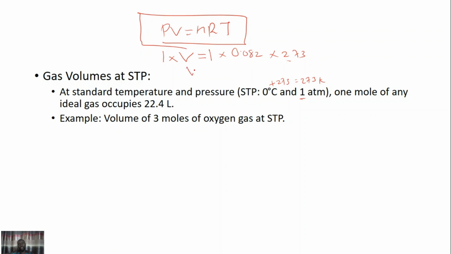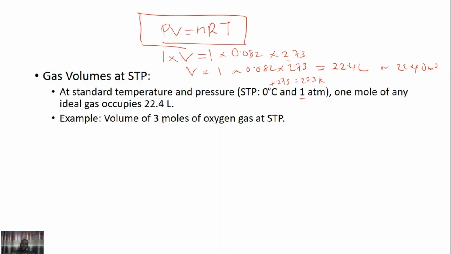Now, volume will be equal to 1 times 0.082 times 273. If you calculate it, it will give you 22.4 liters or 22.4 dm³, which is the same. So it means 1 mole of a gas at standard temperature and pressure usually has a volume of 22.4.